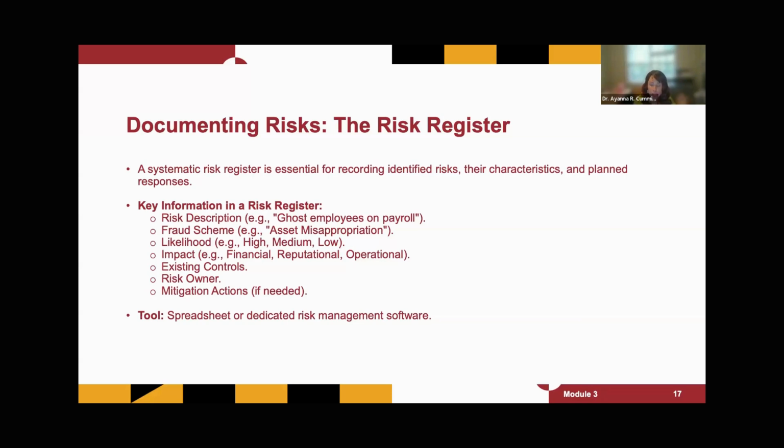The key information to have in your risk register, whether it be a spreadsheet or a dedicated risk management software, includes a description of the risk, like the ghost employees on payroll, the fraud scheme that you suspect or that you determine to have been in place, such as asset misappropriation, the likelihood that that is a fraud, high, medium, or low, the impact it has had or could have in a worst case scenario, such as a financial impact, reputational impact, operational impact, and so forth.